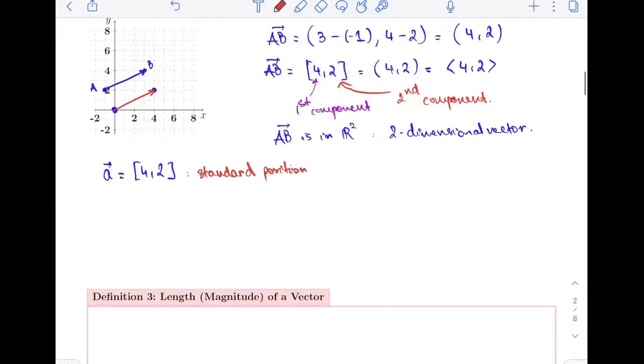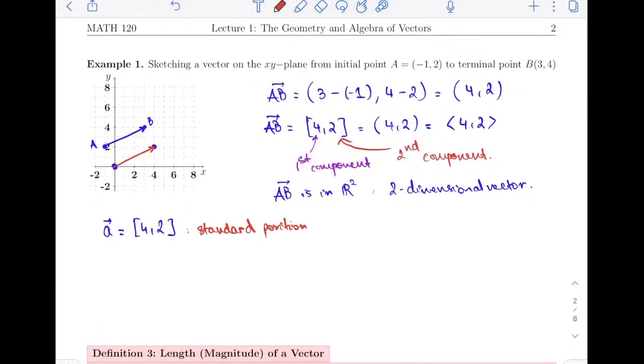So moving on. For a vector, there are two things that you need to know. First of all is the magnitude, or the length, of the vector. The second one is the direction of the vector. So far we have looked at the direction of the vector, going from the initial point to the terminal point. Now we need to calculate the length of a vector.